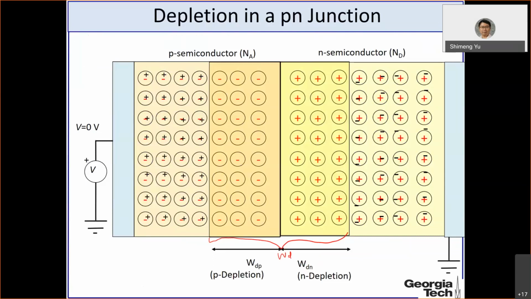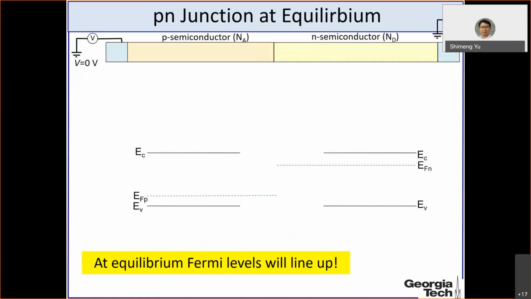And then we can look at this from the band model as well. So here, this is the energy band diagram you have seen before. For the p-type semiconductor, as you recall from lecture 5, the Fermi level EF is close to the EV. And for the n-type semiconductor, the EF is close to the EC.